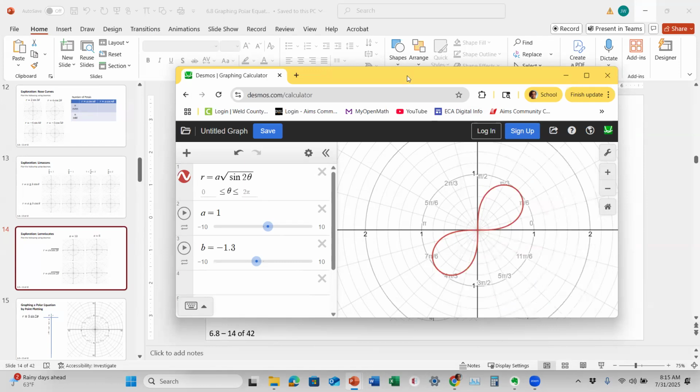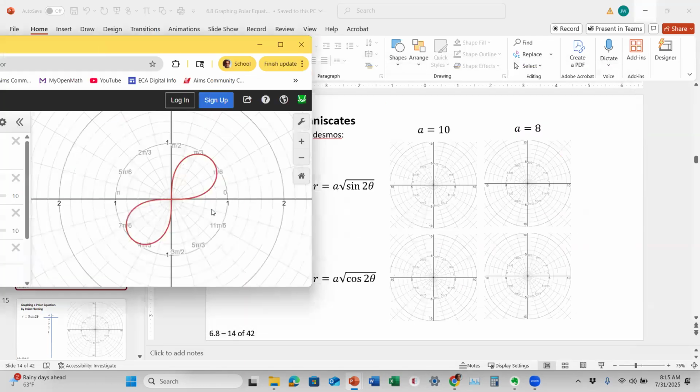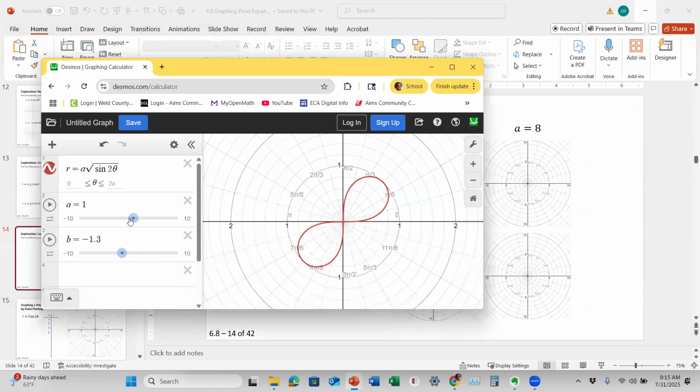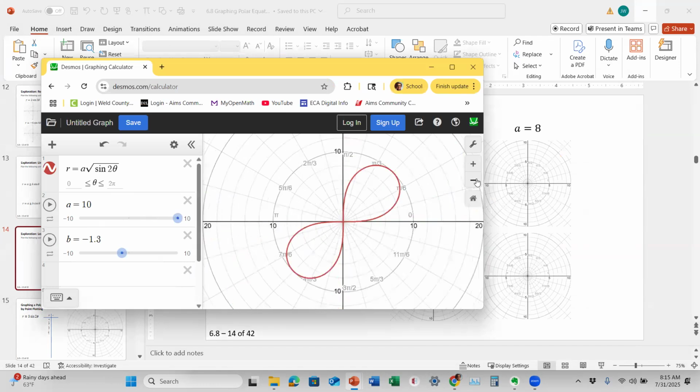Okay, so you can see this is what the first one looks like. Two petals going in this direction and this direction. If A is equal to 10, then it's enormous. If A is equal to 8, same thing, just a little bit smaller. So this part of the function here kind of acts as an amplitude, very much like what we've seen before.